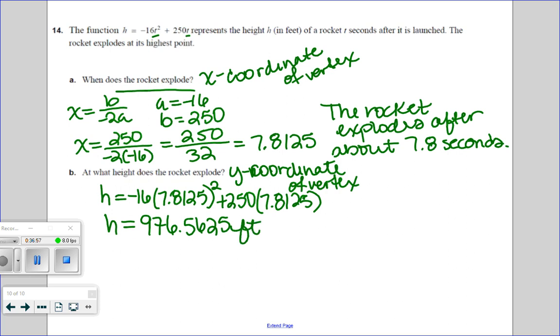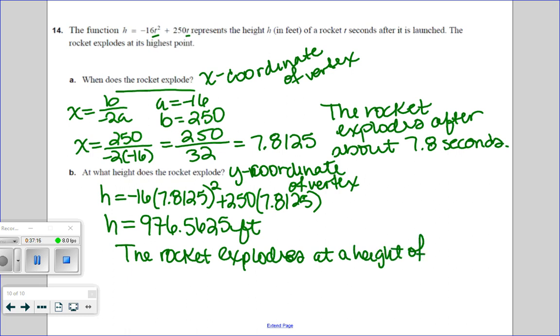And so the rocket explodes at a height of about 976.56 feet.